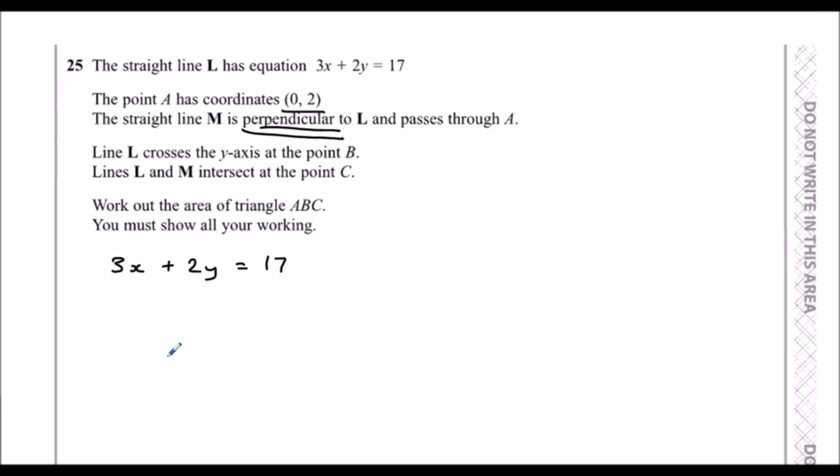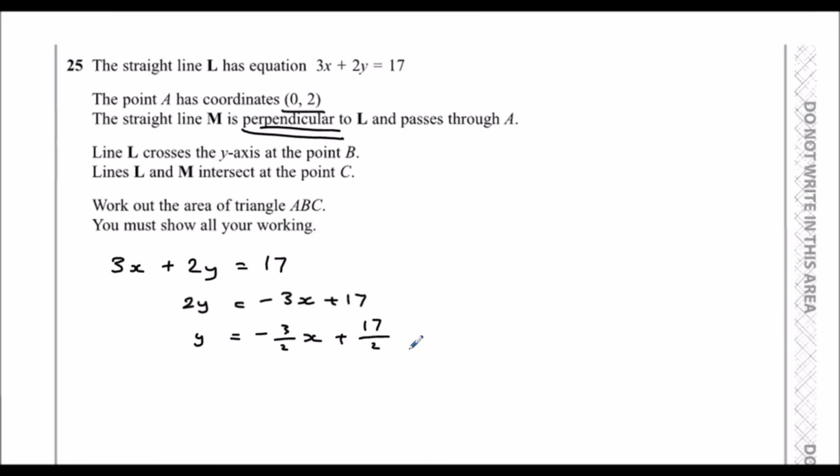We want y by itself. Let's take 3x away from both sides. So 2y is -3x plus 17. And then half everything. So -3 over 2 x plus 17 over 2.